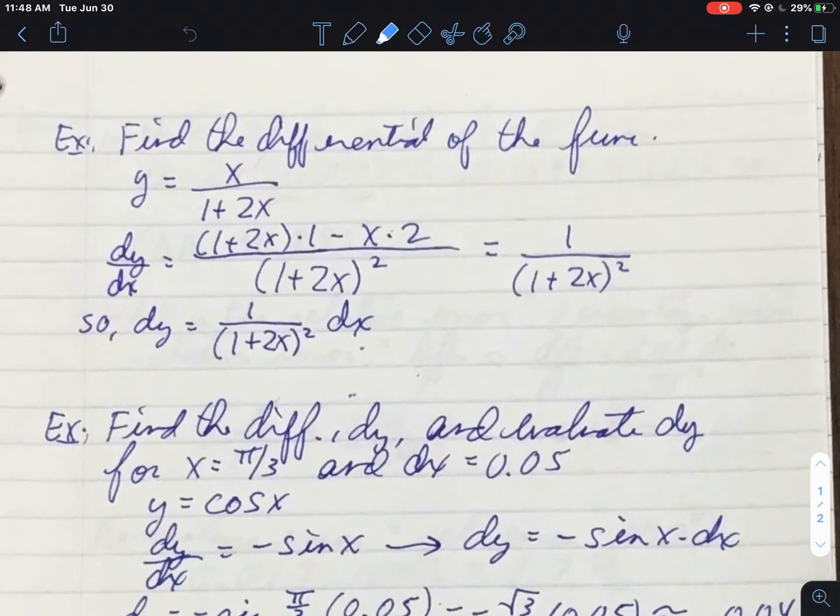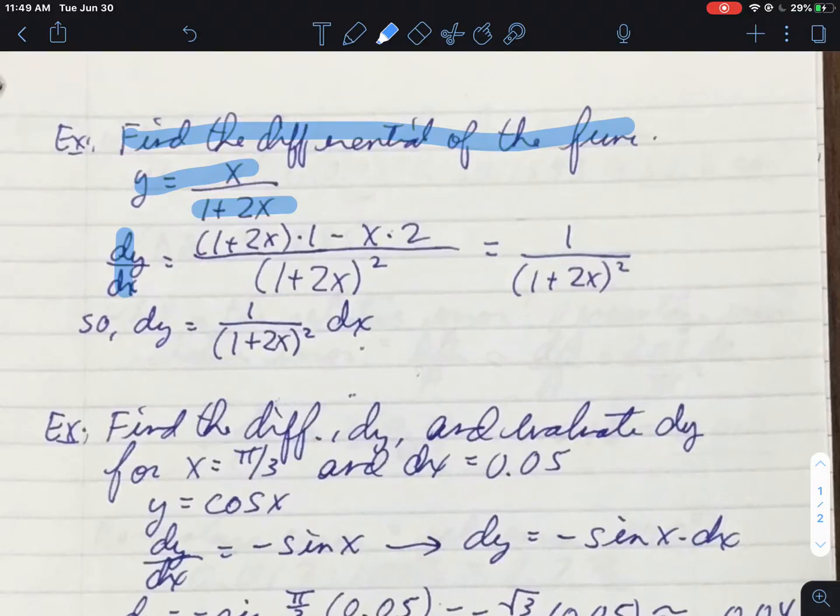So when we say find the differential of the function, y equals x over 1 plus 2x, we're finding dy. But again, you're going to do it like you always did. You're going to find the derivative. All right, so you start by finding dy dx. You find the derivative of the function, and then you do whatever needs to be done to find that derivative.